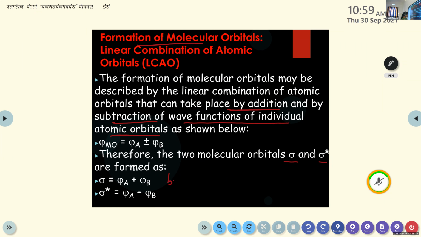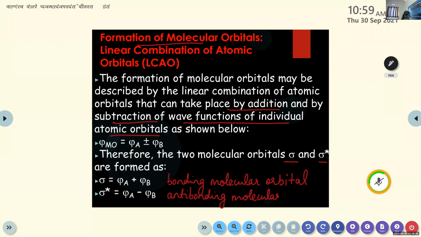So psi, that is bonding molecular orbital, and the psi star, that is anti-bonding molecular orbital. Okay. Then we can learn more about this bonding molecular orbital and anti-bonding molecular orbital in the next class.